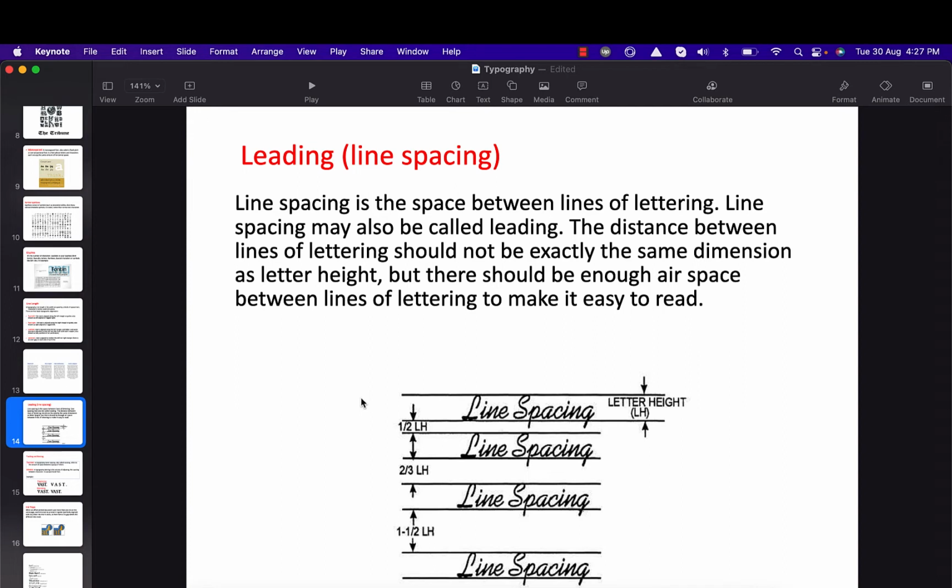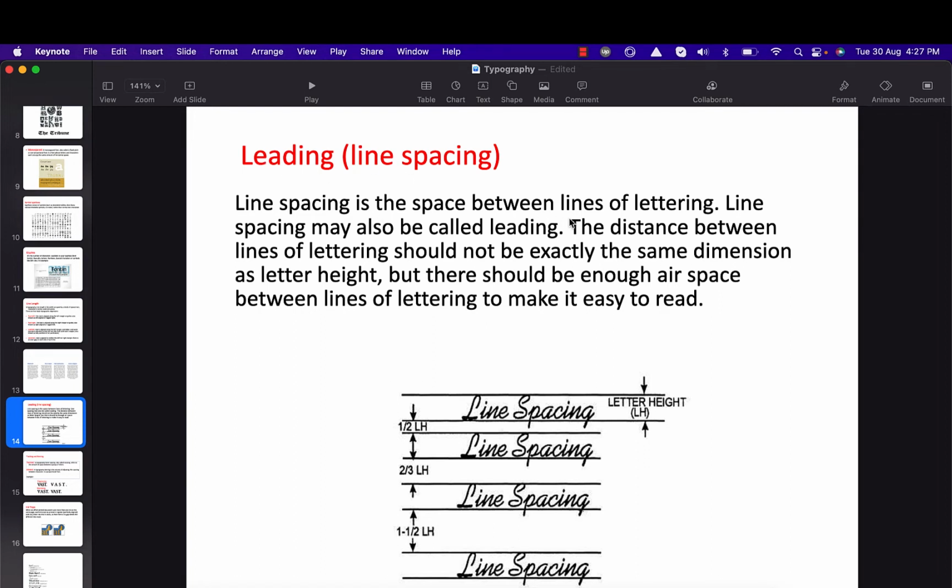I will show you some examples in typographic or graphic design tools, even in Figma as well. So line spacing, which we call leading, is the space in between one line and another line, or between two lines.